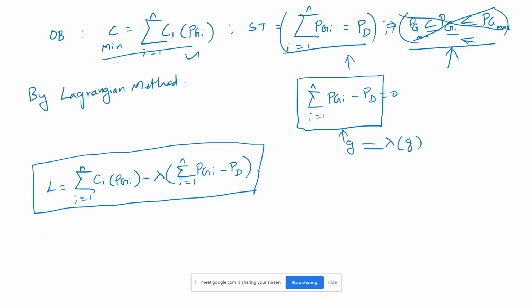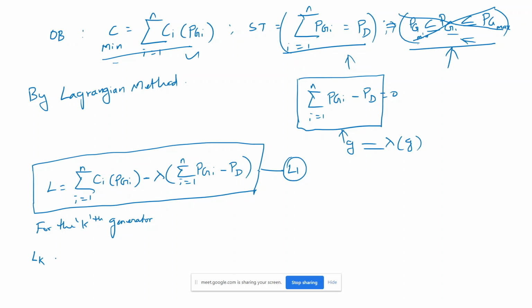Suppose for the kth generator, let this be equation number L1. In this L1 equation, if I want to remove only the kth generator, I can split it like this.